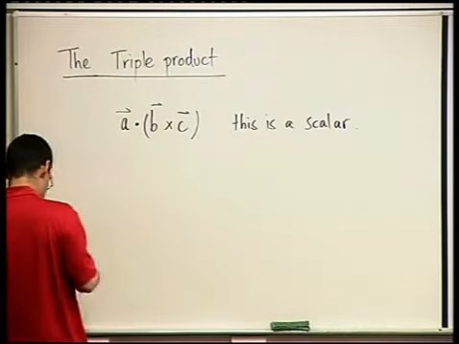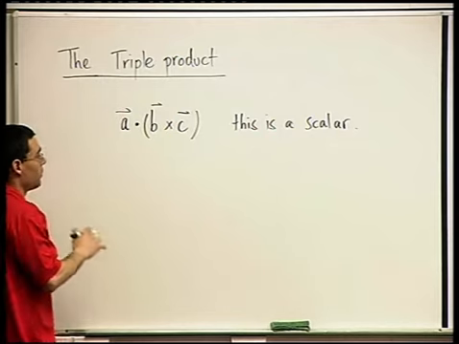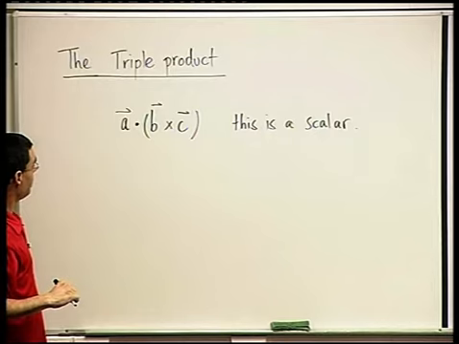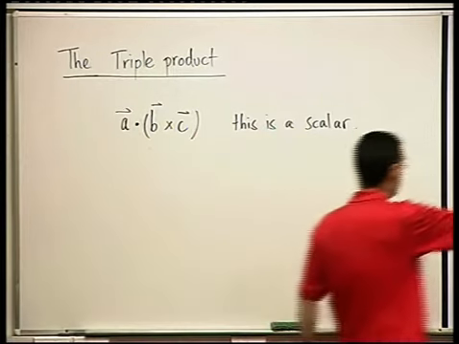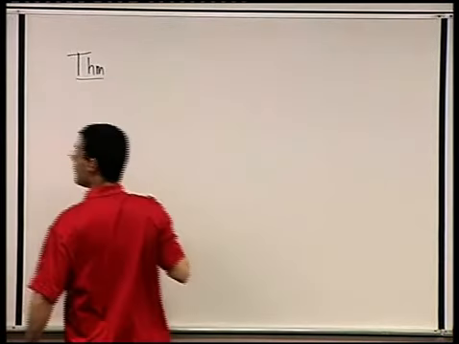Okay, and I'm going to right away write a theorem which kind of summarizes the important properties of this thing. And I'm not going to prove all of it, but I'm going to explain parts of it.